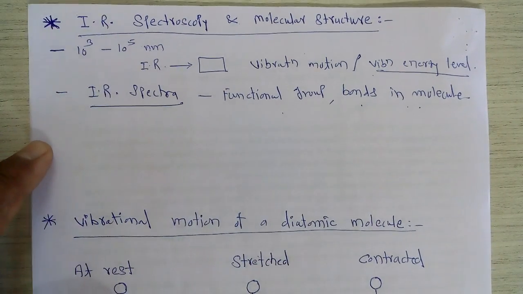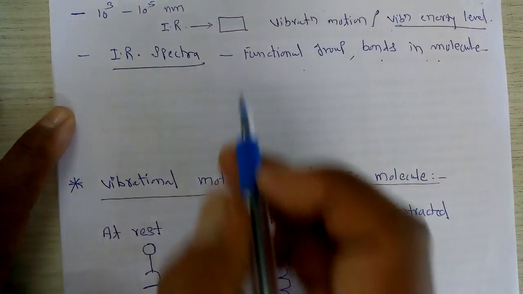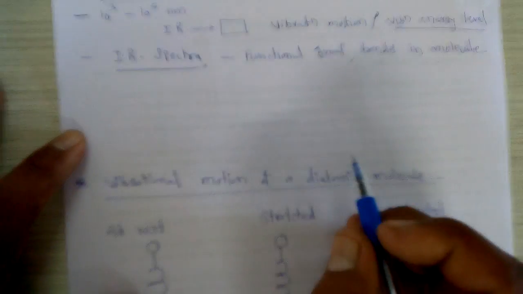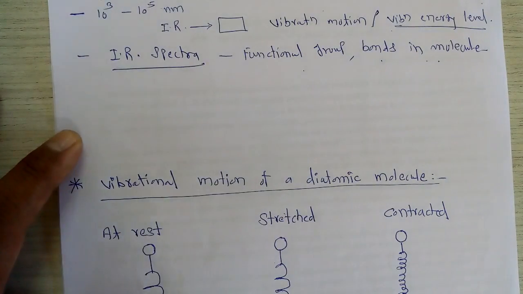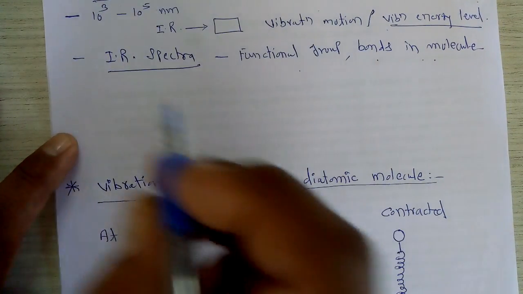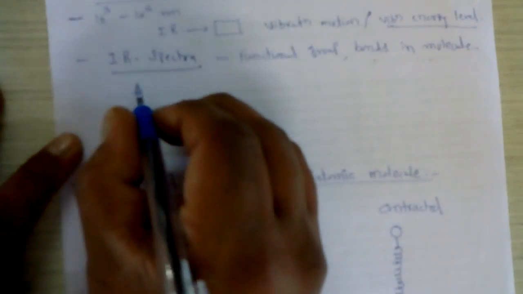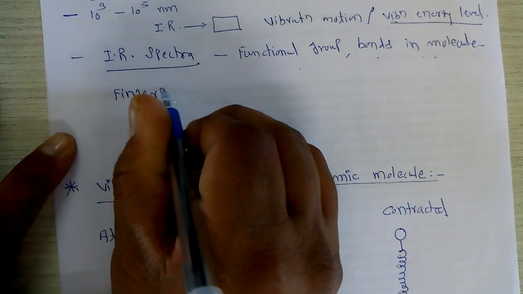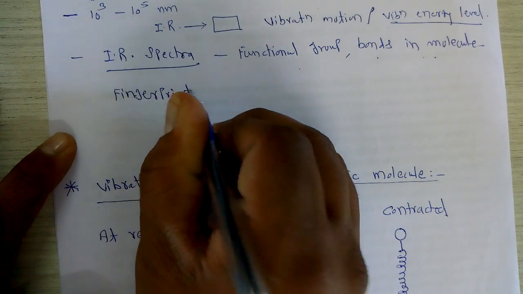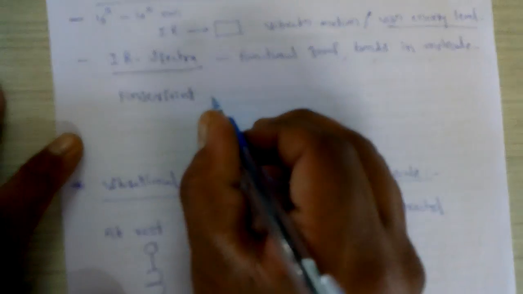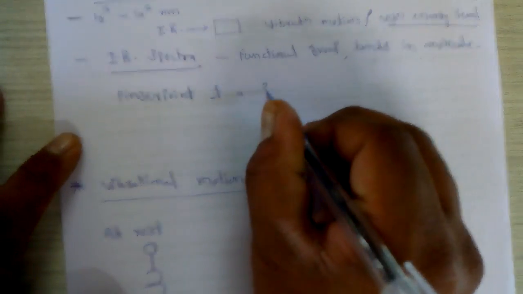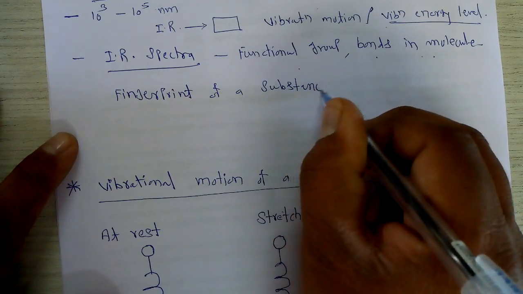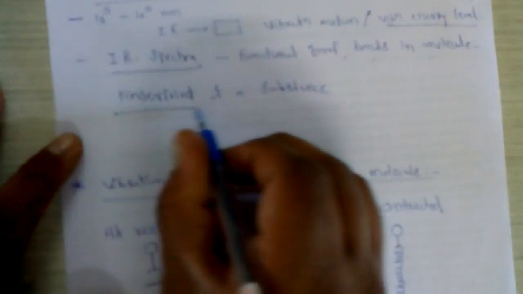Due to the information we get from the IR spectrum of a molecule, the IR spectrum of a substance is called the fingerprint of a substance or molecule.